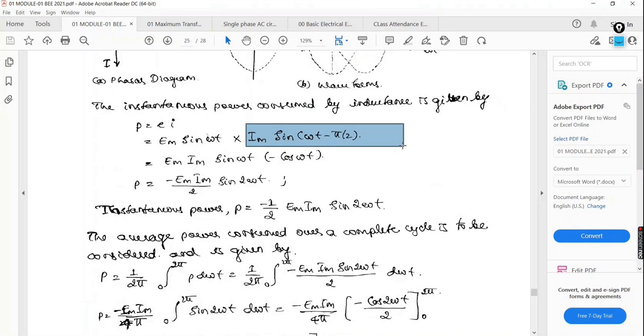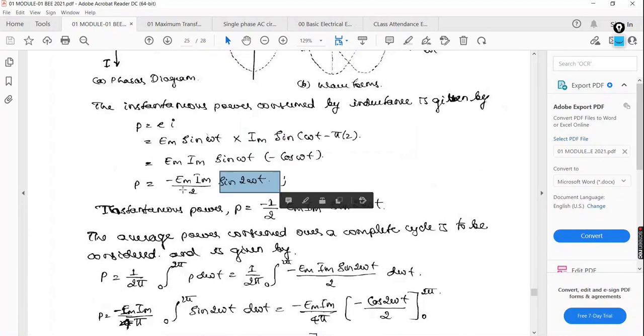Sine into cos is sine 2 theta by 2. Here omega t is there, so sine into cos gives sine 2 omega t divided by 2. So a negative value will be present: minus Em into Im sine of 2 omega t.